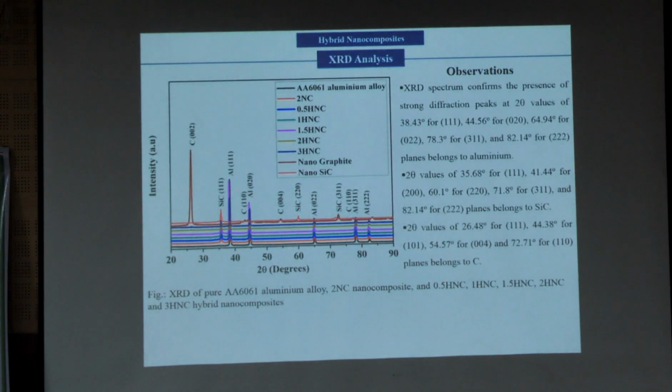And then this is the XRD analysis of all the specimens to ensure what is the composition of that material. That means during melting and fabrication, whether any other elements are formed or any other reactions are there. To verify that we do the XRD analysis, right?